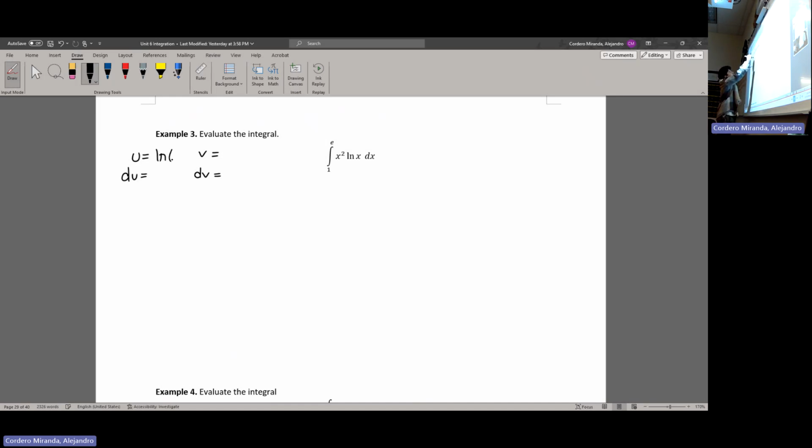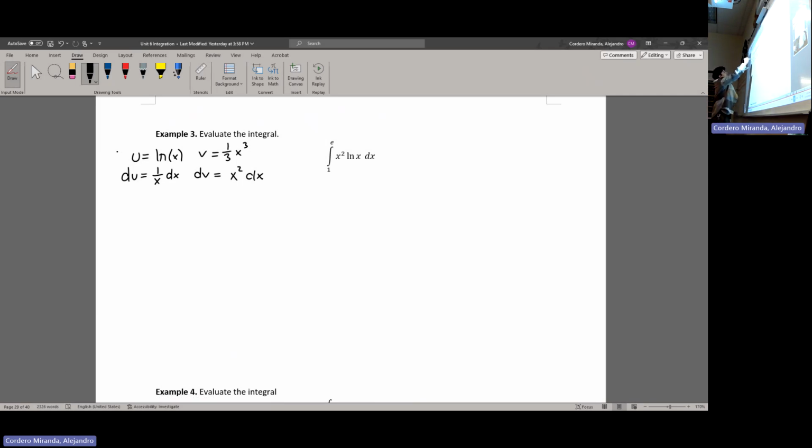U should be natural log. dv forces that to be x squared dx. Okay, and then that makes du be 1 over x dx. It makes v be the antiderivative of x squared, so 1/3 x cubed. That's it.